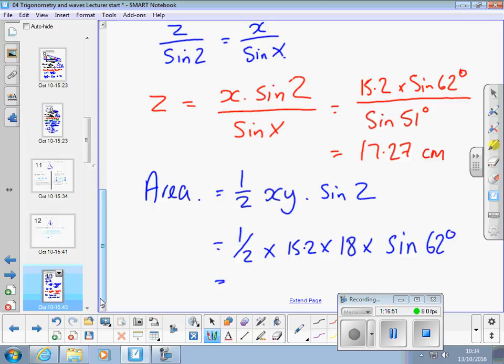Plug that in your calculator and you should get a result. 120 point, yeah, I'll round that to 4 significant figures. 120.8 centimetres.